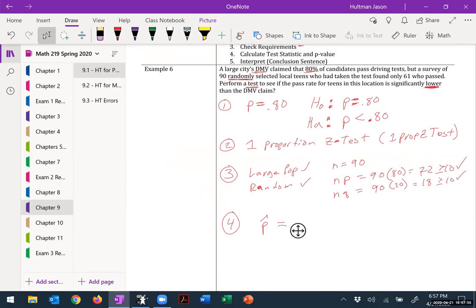How many students passed? Well, 61. Out of how many total students? 90. So 61 out of 90 is our p hat. That's our sample proportion.